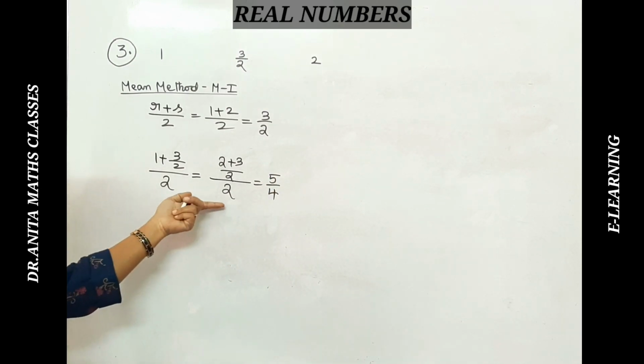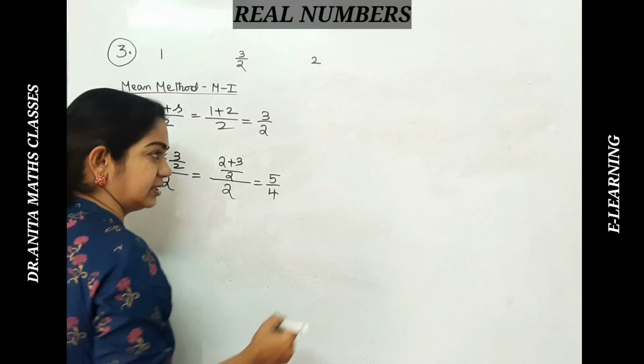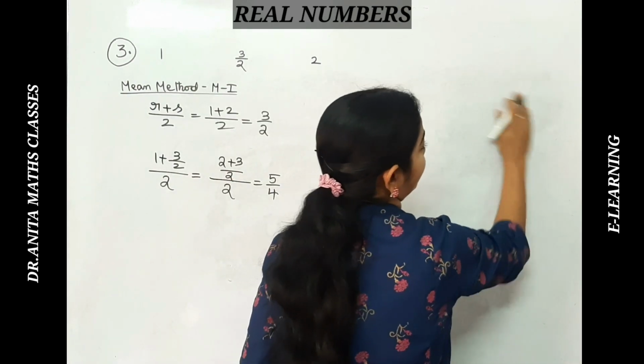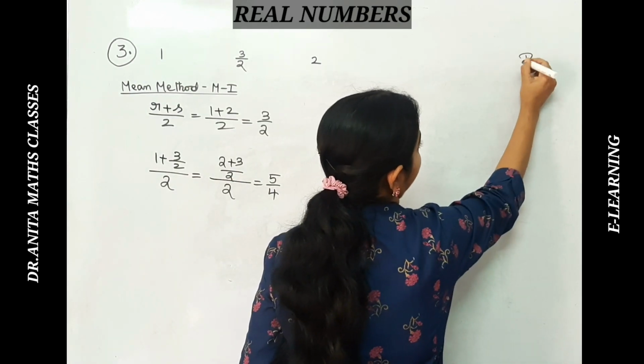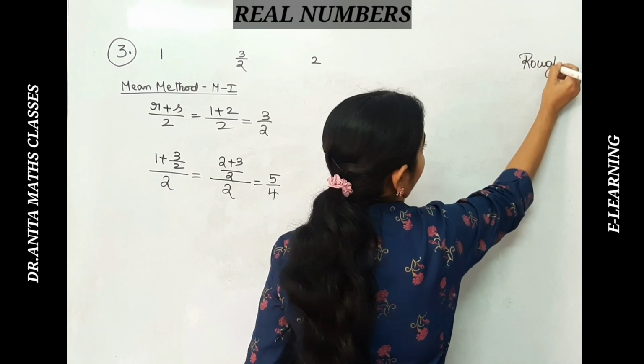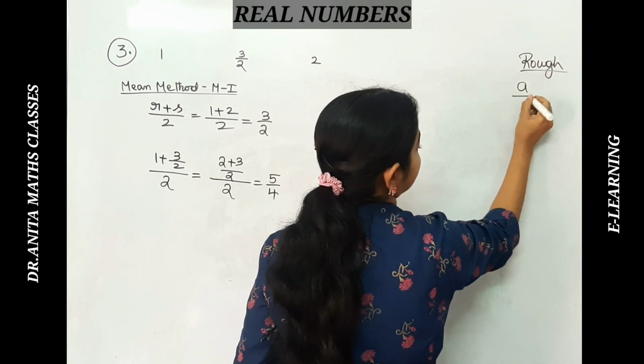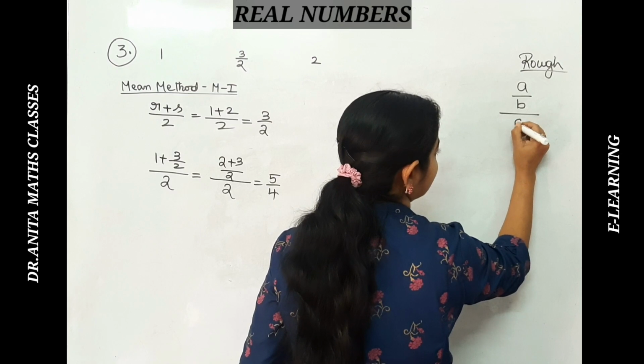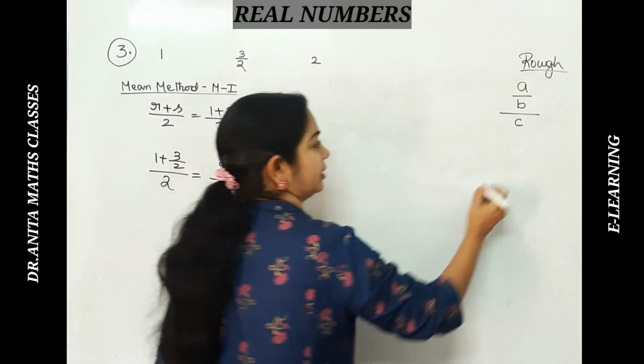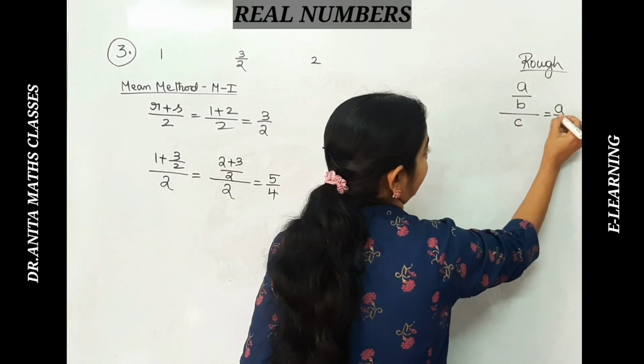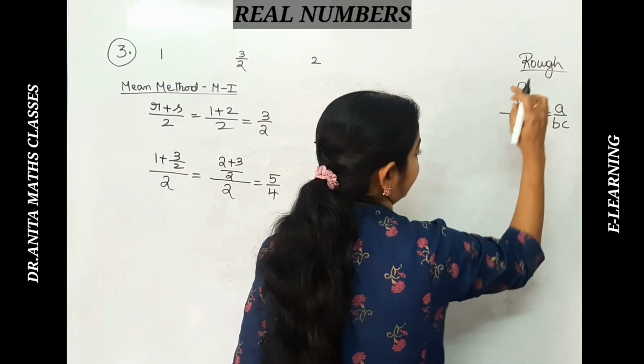Basic operations you have to know. These are the basic mathematical operations. I'll tell you the rough part. If the number is like this, A by B upon C, this is simply A by BC, you can multiply these two.